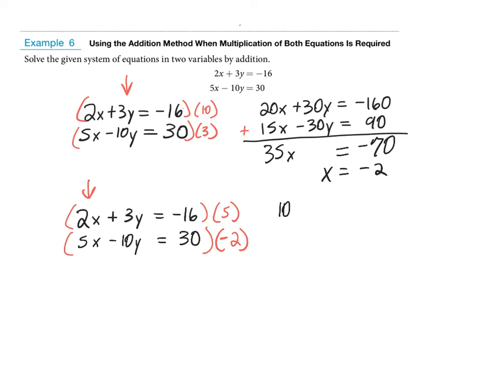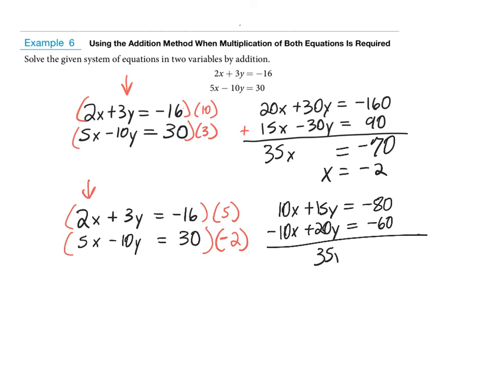So that's going to give me 10x plus 15y is equal to -80. Multiply the 5 all the way through. And then we get -10x plus 20y is equal to -60. So the x's will go to 0. The y's give us 35y.